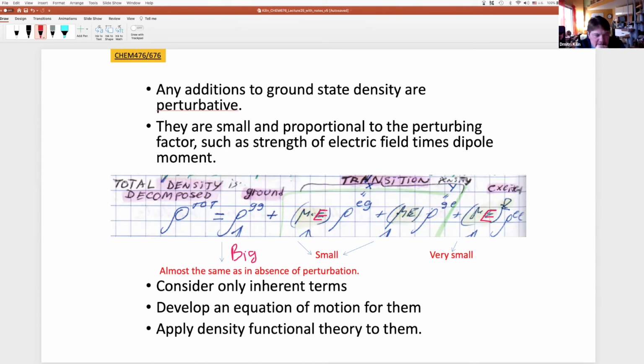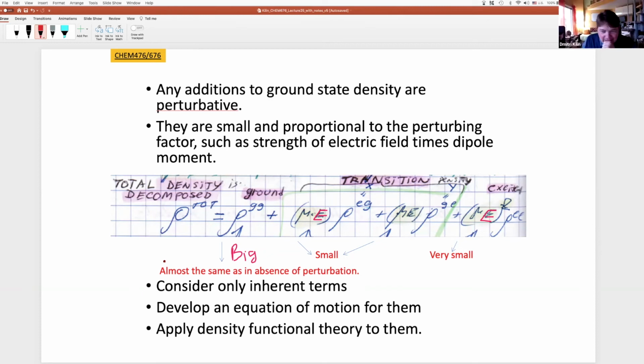Lola, would you please help me and tell which symbols you see in this equation? I see total density, density of the ground state, density of excited to the ground state, density of ground state to excited, and excited.